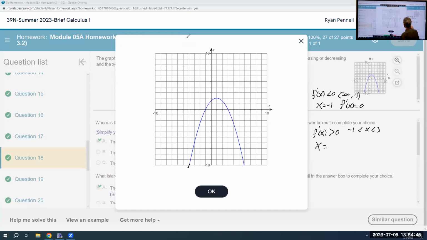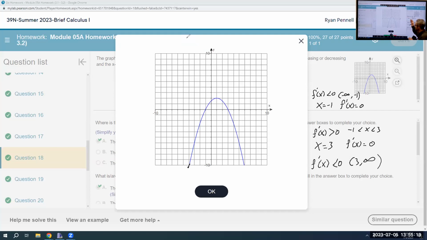At x equals 3, we have f prime of x equals 0. And then it's negative. F prime of x is negative from 3 to infinity. So I'm making some notes to myself. This is what seems to be happening with the function.